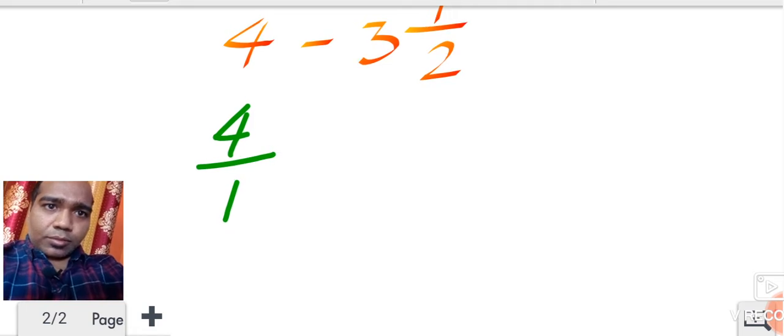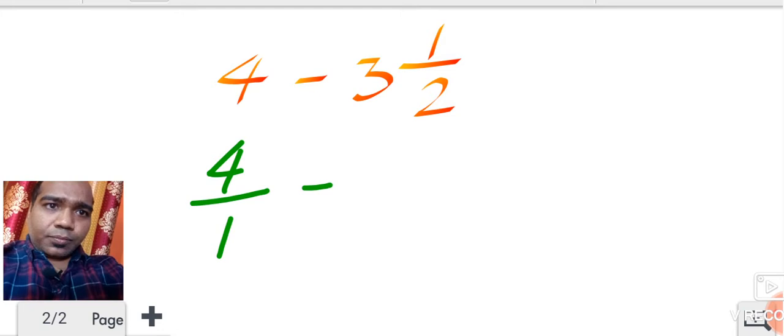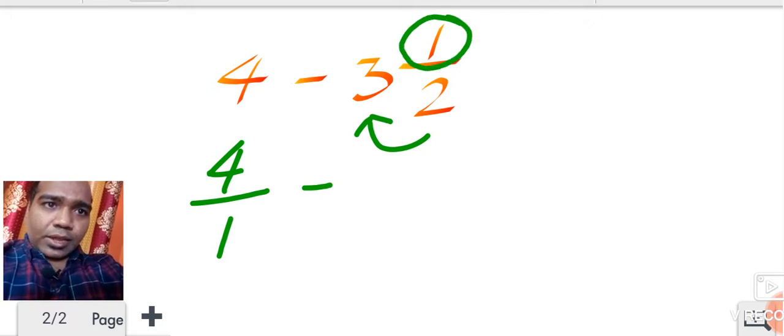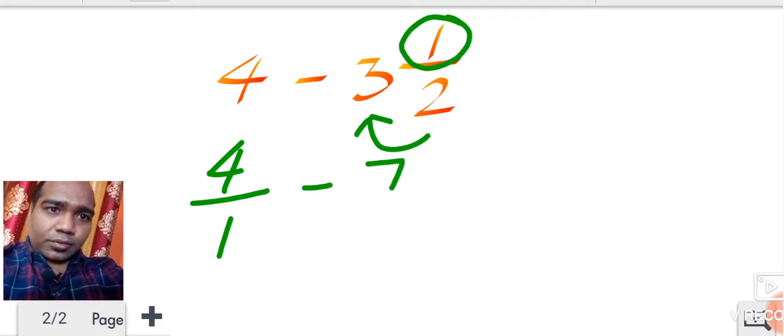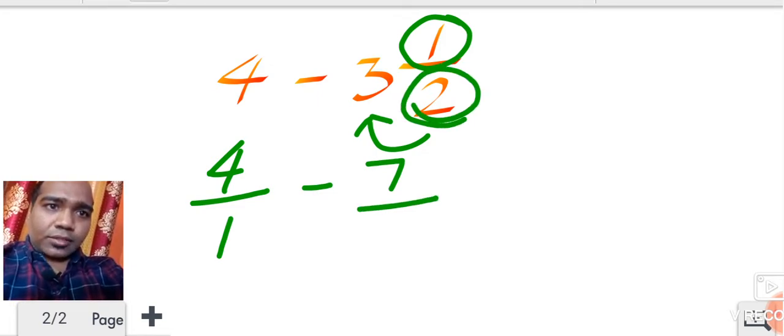Now here the minus sign is there, so we'll write here minus. Now what will we do? This 2 will multiply with 3, 2 3s are 6, and with the numerator we'll add it. So 2 3s are 6 and plus 1, we'll get here 7. And the denominator we'll write as it is, 2 will be written as 2 only.